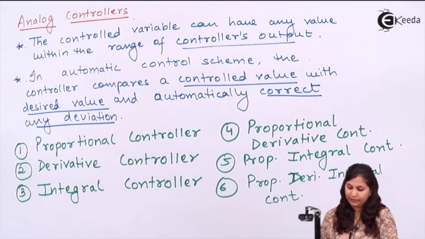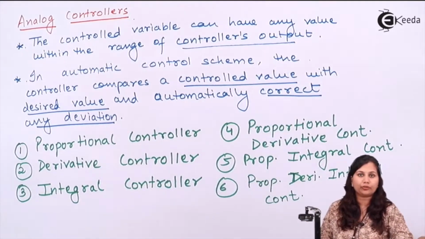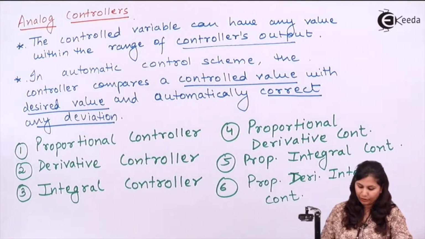So there are these six types of controllers in analog controllers.